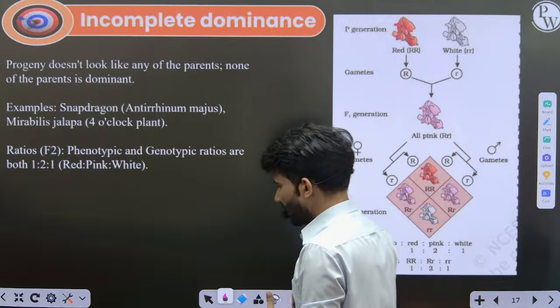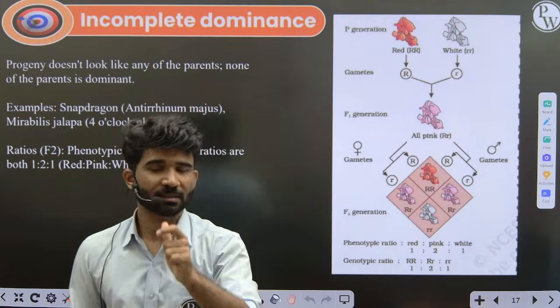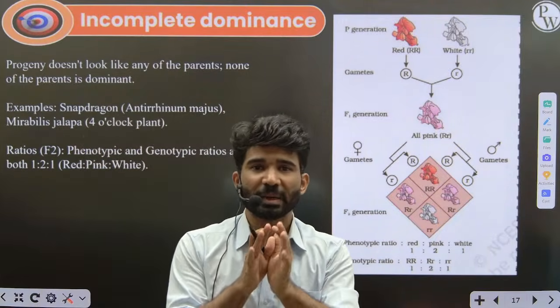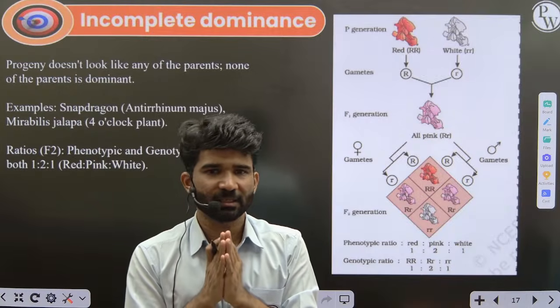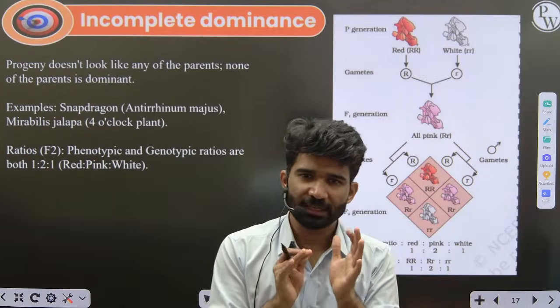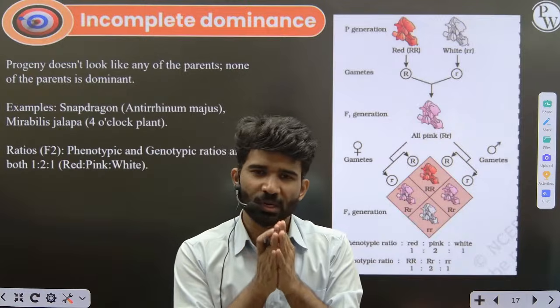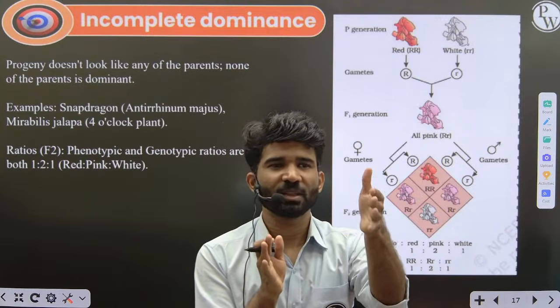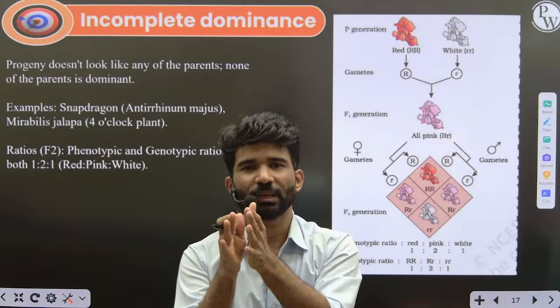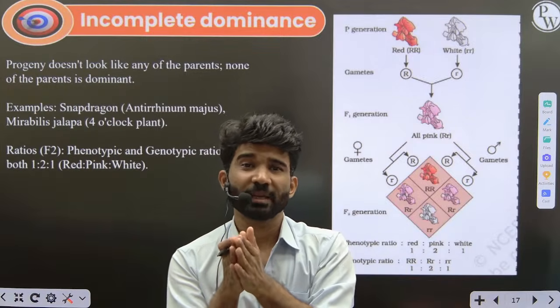The next part is a slight deviation from Mendel's law. As you have studied, Mendel's law of dominance says that one of the alleles will dominate and the other one will not be expressed.